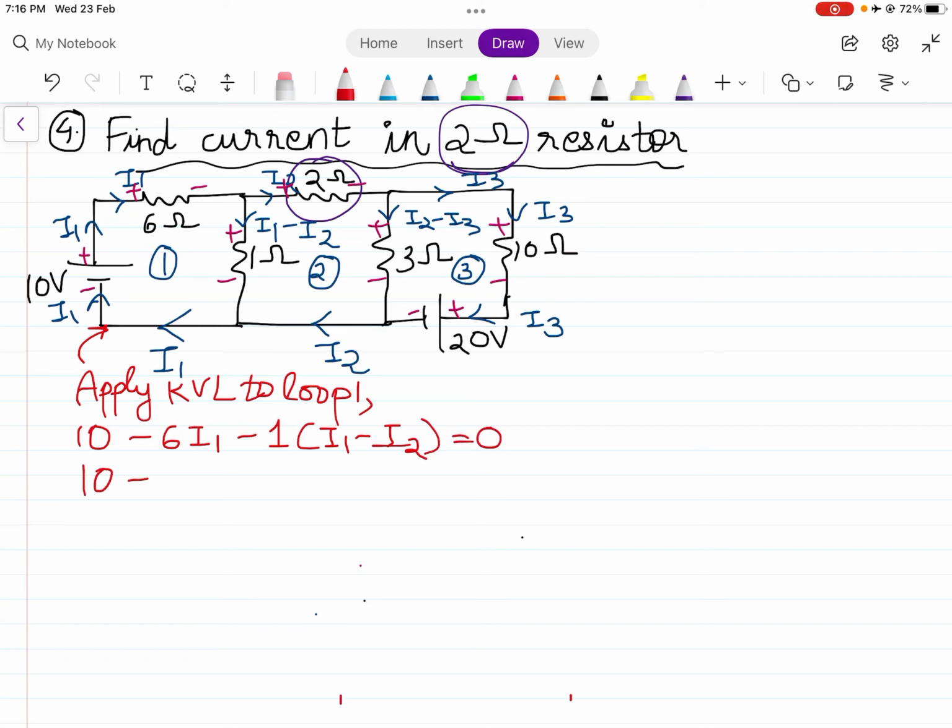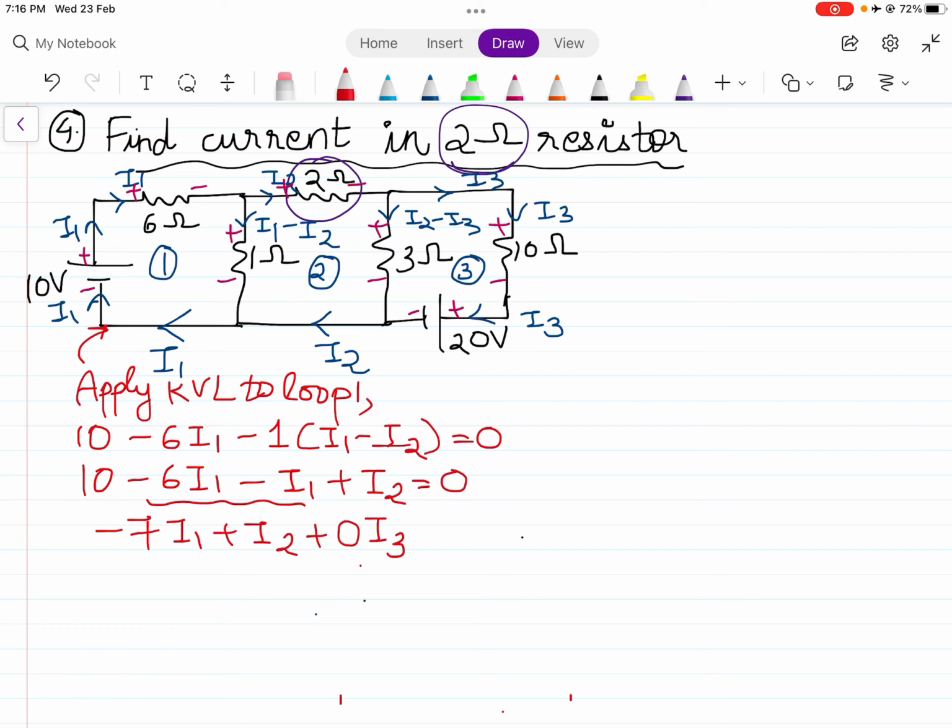So 10 minus 6 I1 minus I1 plus I2 equal to 0. So this is minus 7 I1 plus I2 plus 0 I3 equal to minus 10, equation number 1.